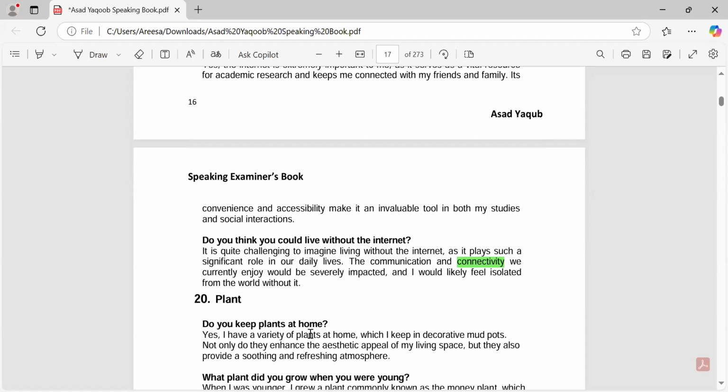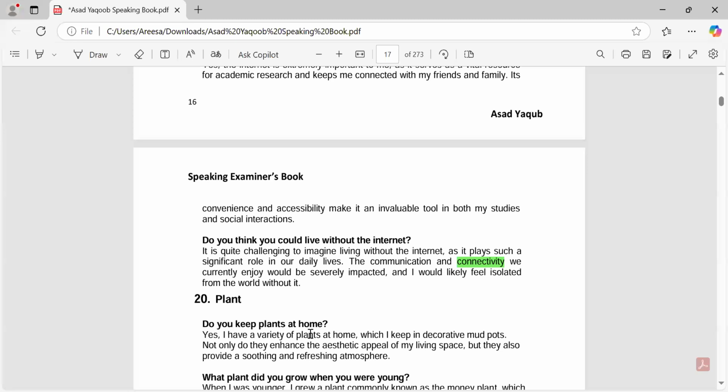What plant did you grow when you were younger? Yes, I like decorative plants like flowers, which include red rose, white rose, etc. Besides these, in my childhood I liked plants with different variegated leaves.